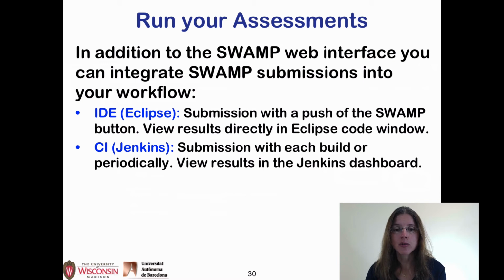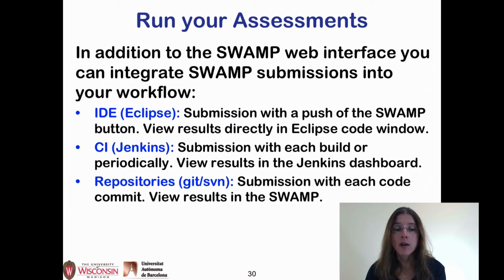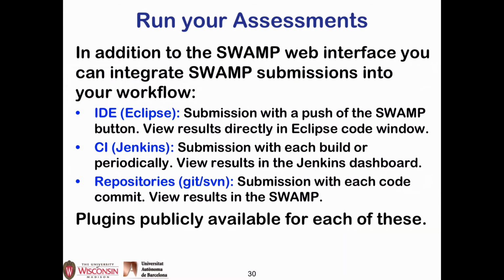Assessments can be configured to happen with each build or periodically, among other options. The results can be viewed in the Jenkins dashboard. One last option is to submit through a Git or SVN repository. In this case, submissions happen with each commit, and the results are shown in the SWAMP. For all of these options, there are publicly available plugins.